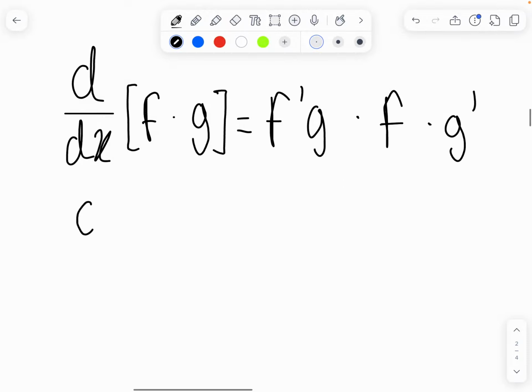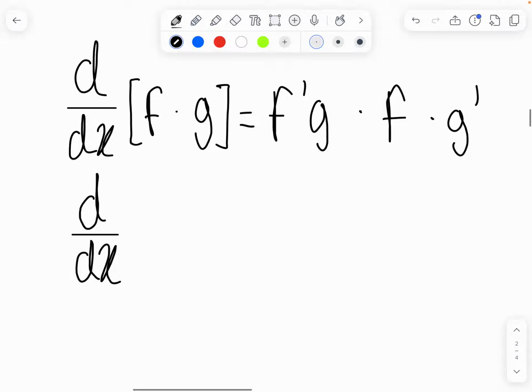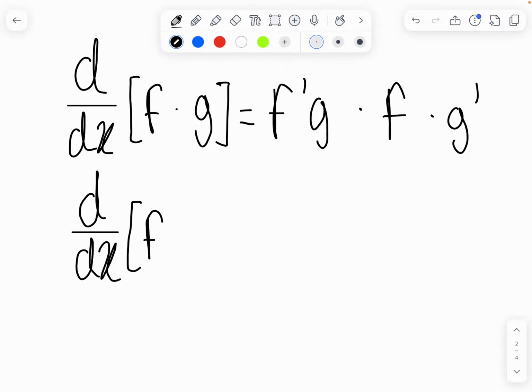So, d over dx of f times g times h. Think for a moment and try and come up with what you think might be the 3-factor product rule.